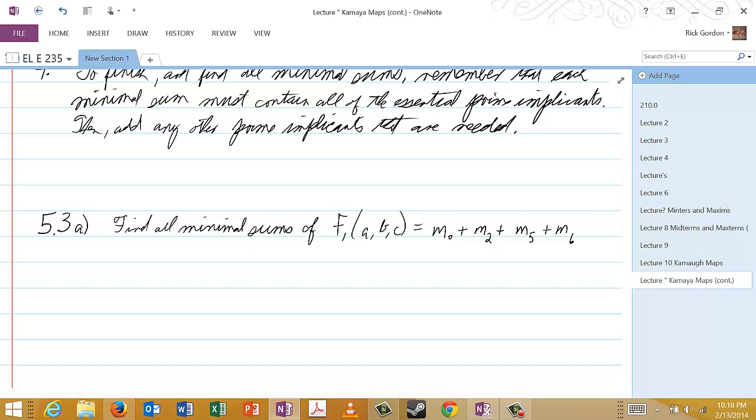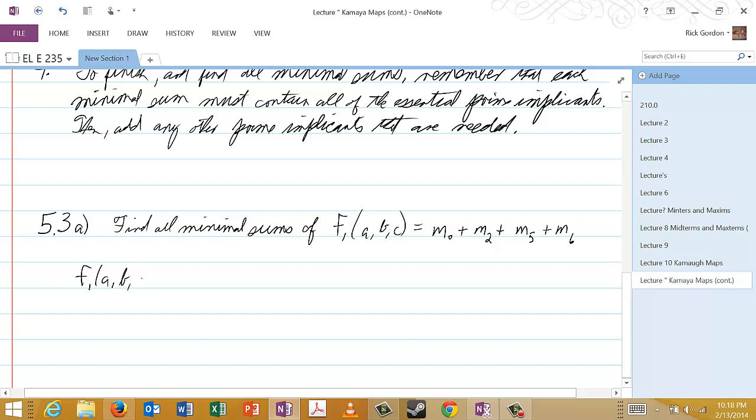Now keep in mind that each one of these min terms has all three variables in it. So if we wrote out this function, now it's not necessary to do this, but I just want to make a point here.